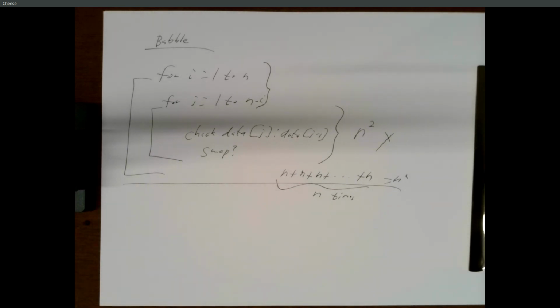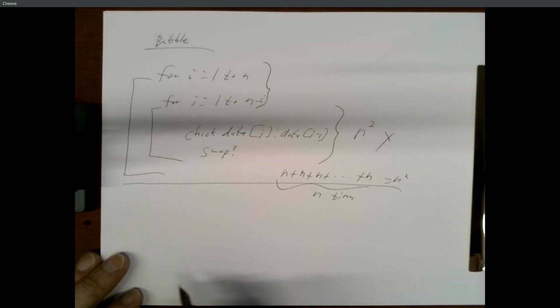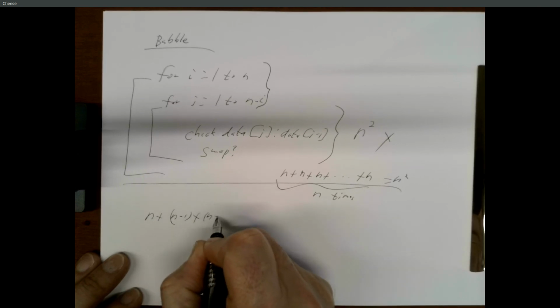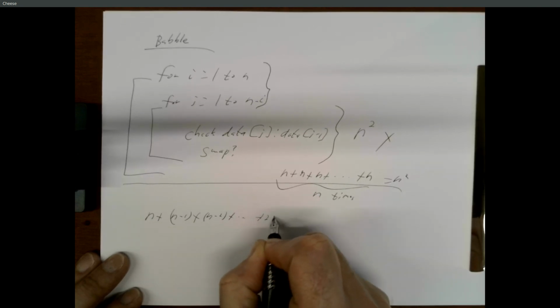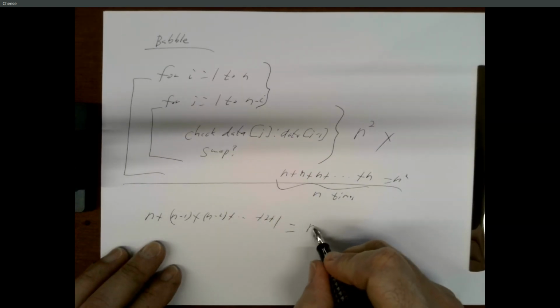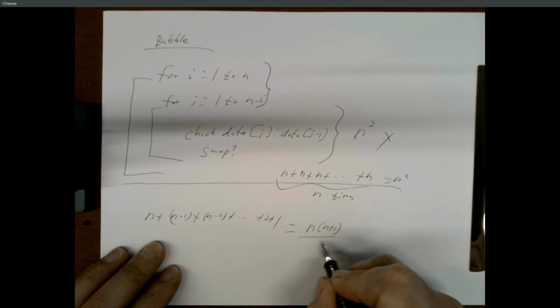We don't need to go through those 5 and see if they're in the right order. So this will actually take something like n plus n minus 1 plus n minus 2, something like that number of iterations, which is something like n times n plus 1 over 2.